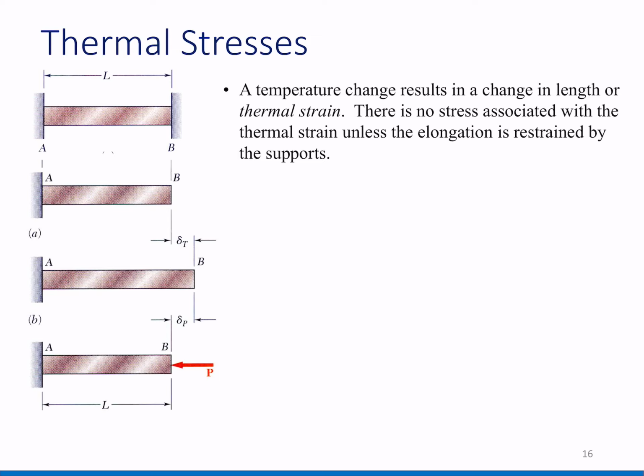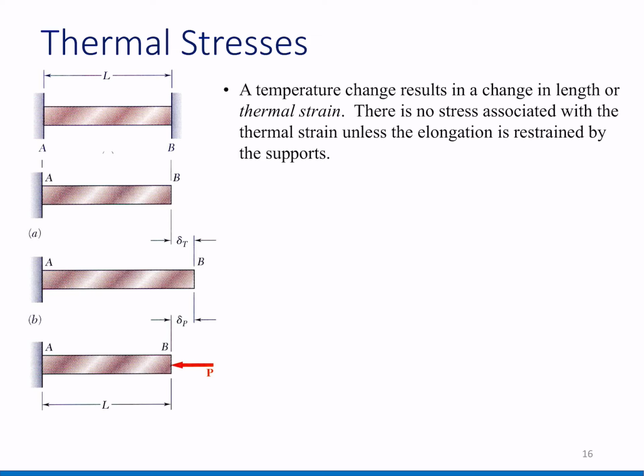That is also the formula for the thermal expansion coefficient. The temperature change results in a change of length, or a thermal strain. There is no stress associated with the thermal strain unless the elongation is restrained by the support.